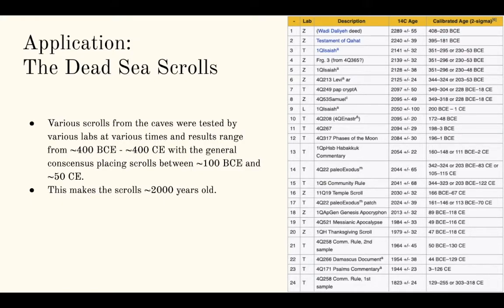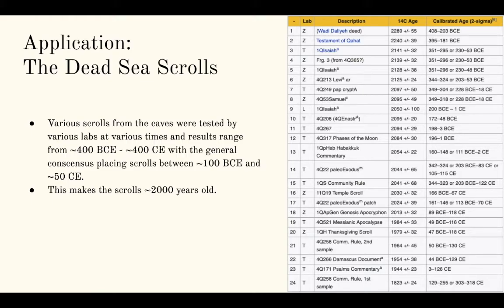On the right side here, we see a chart which shows what scroll was tested, and that's here in the description column. And the column on the far right gives you the age calibrated for the models they're testing and any discrepancies they may have had.